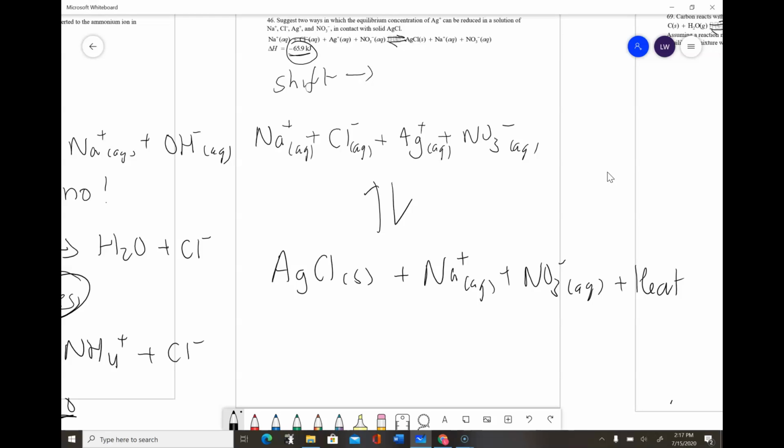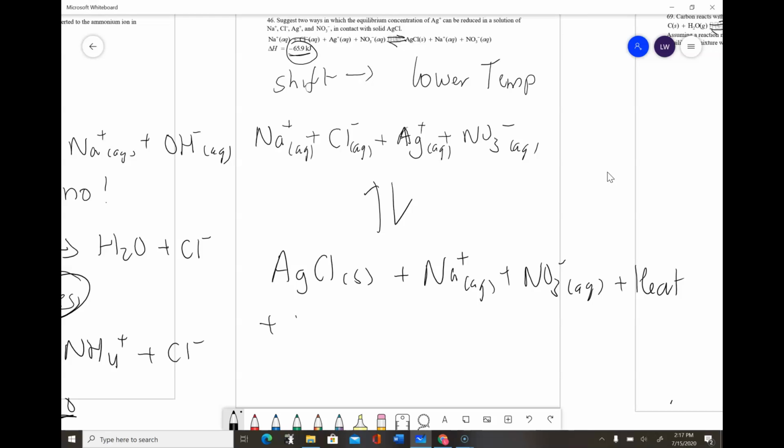Well, if I took heat away, then it would seek to replace that product. So I could lower the temperature, take the heat away, and then the system would move to the right to replace it, consuming silver ions in the process.